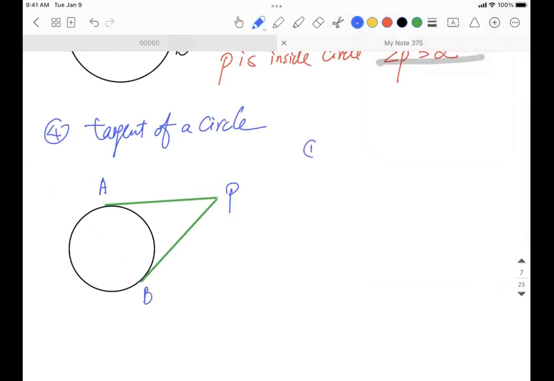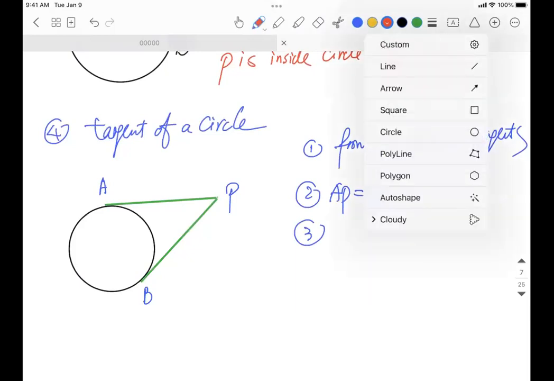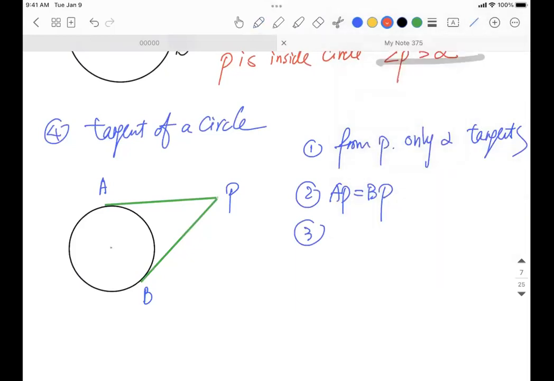So first thing, from P, a point which is outside the circle, there are only 2 tangents. If P is on the circle, there's only 1 tangent, right? Second, of course, you know AP is the same as BP, right? Third thing is, if I do a connection, let's go to red, connection.